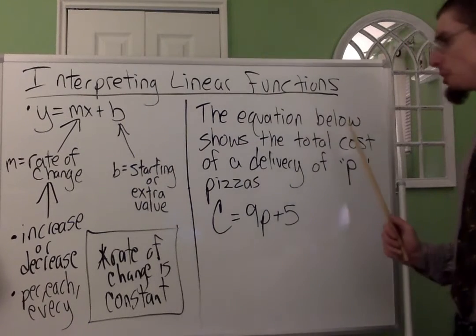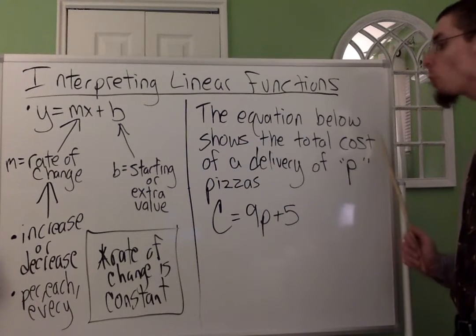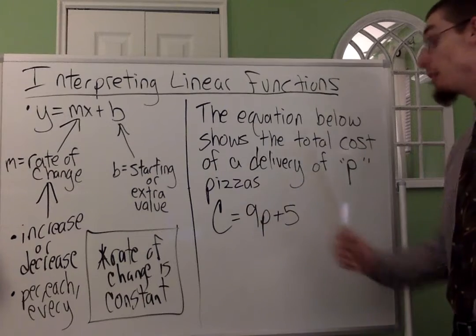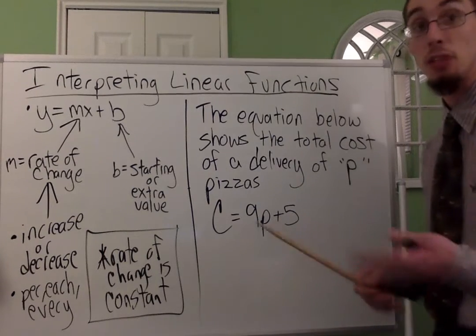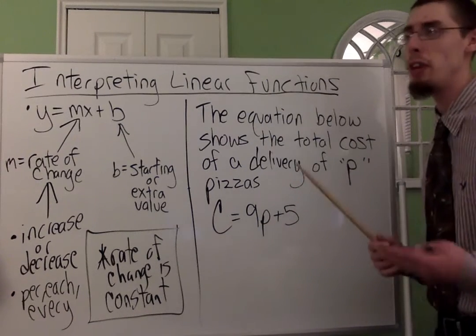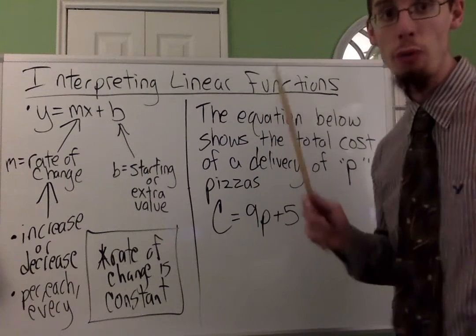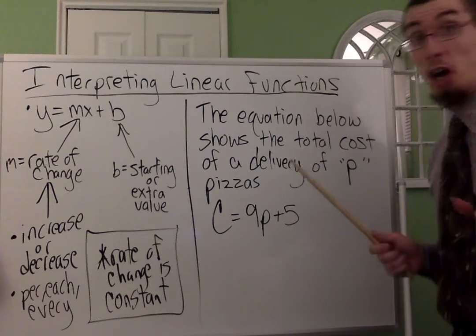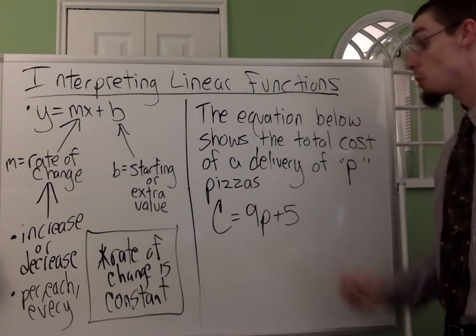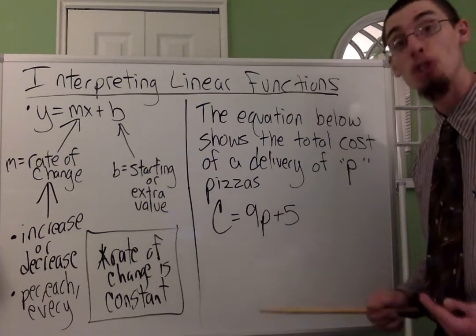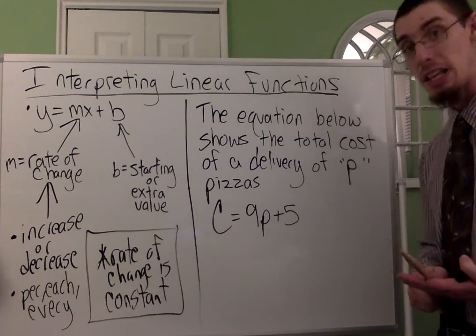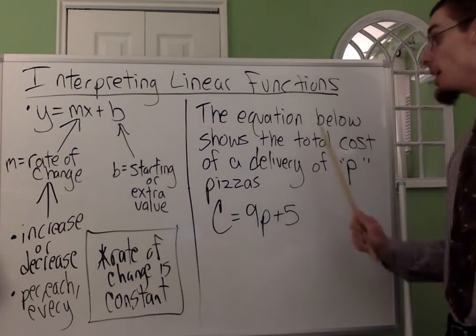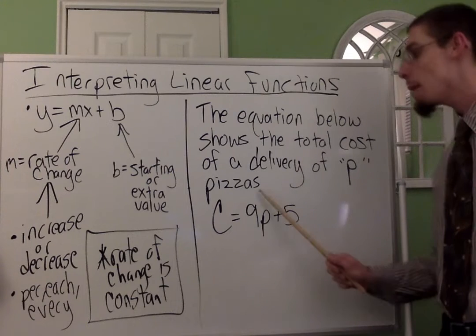So let's look at a couple examples here. This equation shows the total cost of a delivery of P pizzas, right? A lot of people are getting delivery now or pickup thanks to all the COVID-19 stuff. Regardless, this equation shows the total cost of buying a certain amount of pizzas. Notice what I said: a delivery of P pizzas.